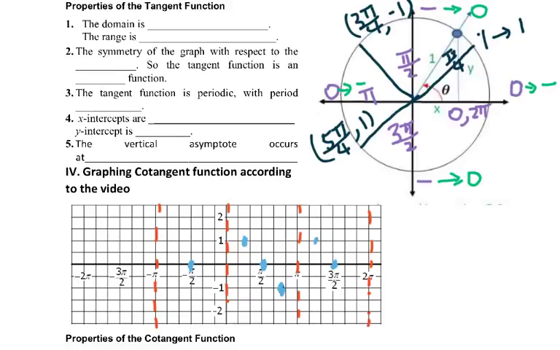Now I connect these points. You will get a graph like this. According to this pattern, you can get a graph over here like this one. It gets very close to that asymptote line, but never touches.